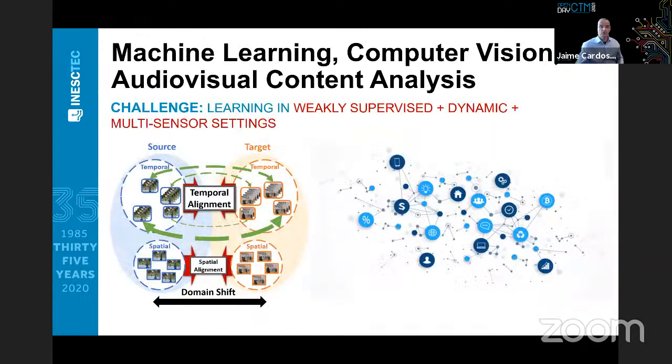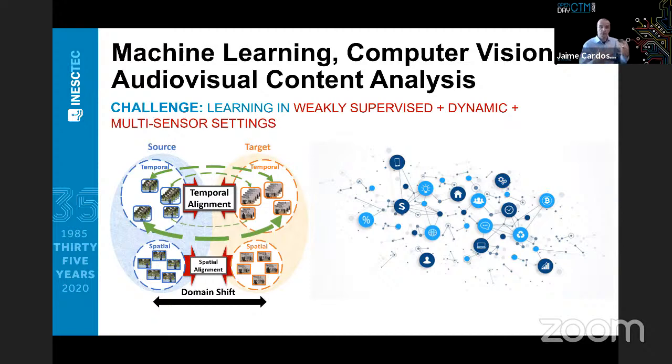And then we also address these challenges of domain adaptation, where, for instance, we have a network of sensors, and that could be a network of cameras. And the cameras have different conditions, different settings, different properties, and therefore the statistics of the data is different between cameras. And we need to adapt the models, maybe we need to personalize the model for each individual sensor.